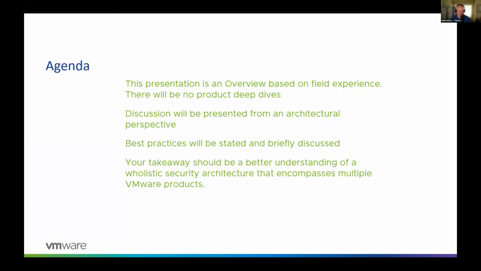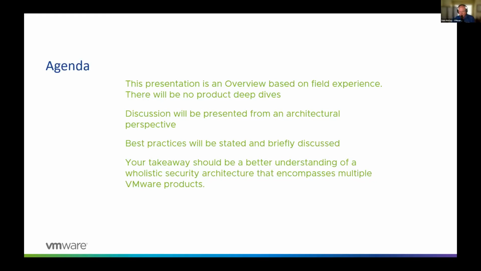We're going to talk a little bit about each one of those products, because the customers I see really be successful in implementing a comprehensive security architecture actually embrace all of those products and understand how to go about integrating them into that overall security architecture.